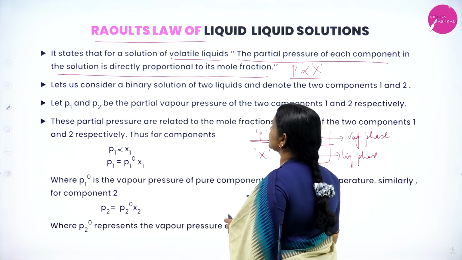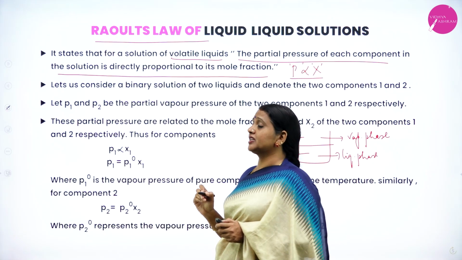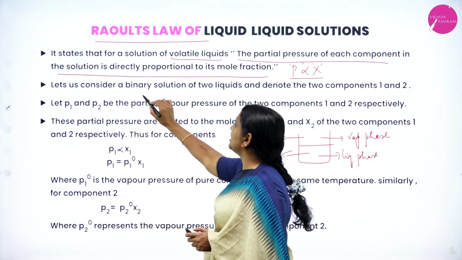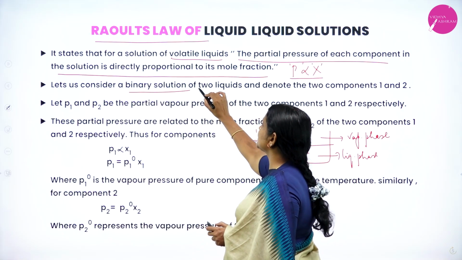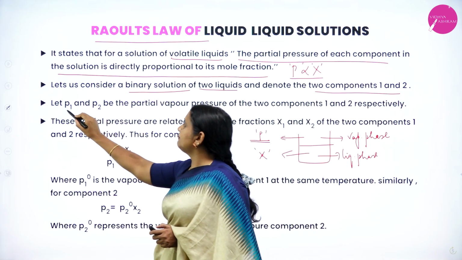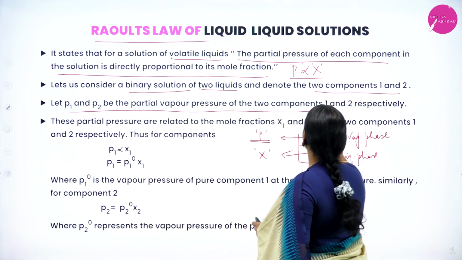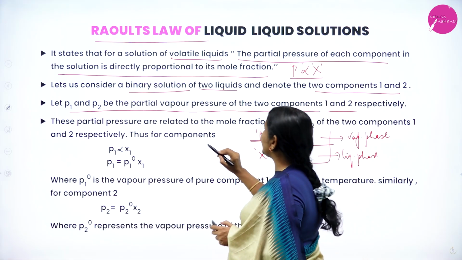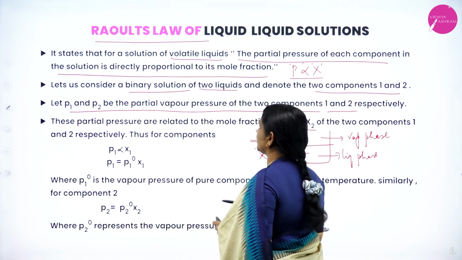For example, consider a binary solution. Binary solution means it contains two liquids, two components 1 and 2. P1 and P2 are the partial vapor pressures of the two components 1 and 2. X1 and X2 are the mole fractions.